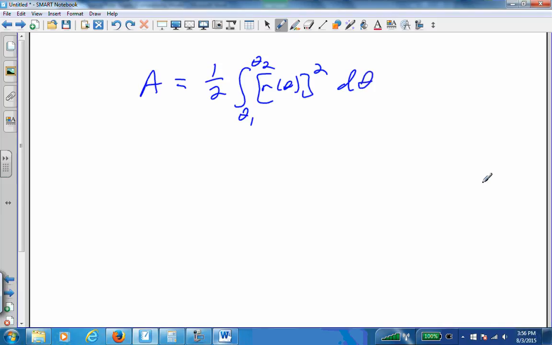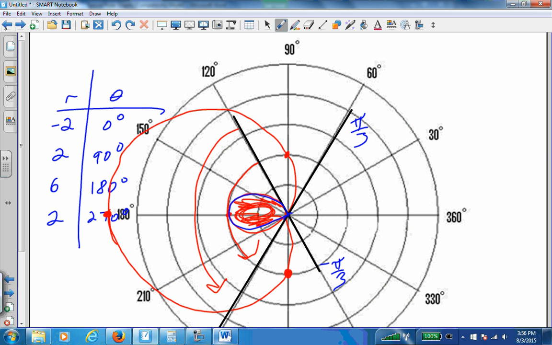We just have to find out, well, what are theta 1 and theta 2? And that's going to depend on what area we're looking for. On that one, we were looking for that inner loop, so we needed to know where does that loop start and when does it stop. It starts when we're in a direction of negative pi over 3, and it stops when we get to a direction of pi over 3.